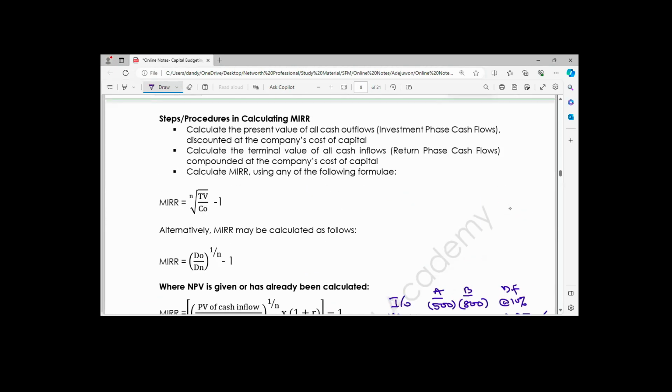Now, for example, if I want to calculate the modified internal rate of return, like I said, I can either use the terminal value method or I use the present value method.